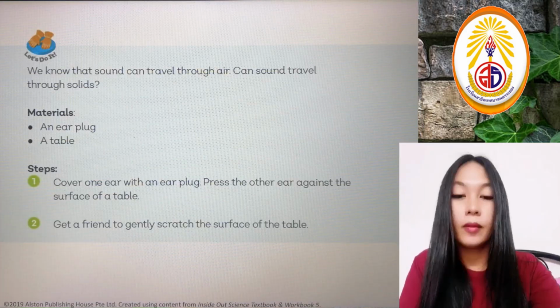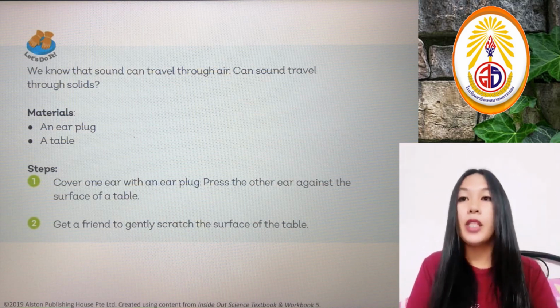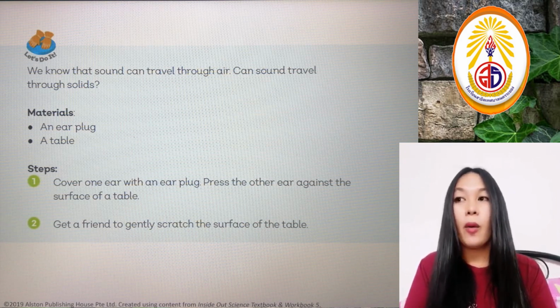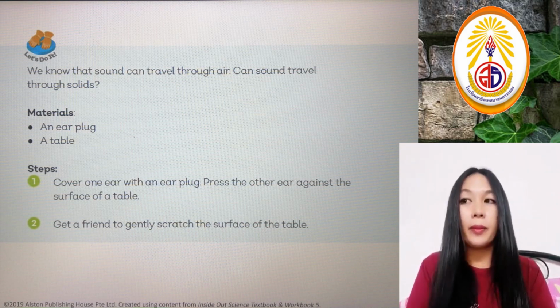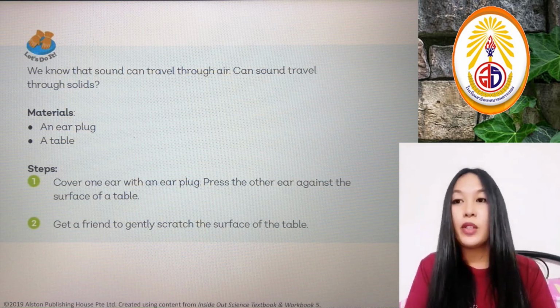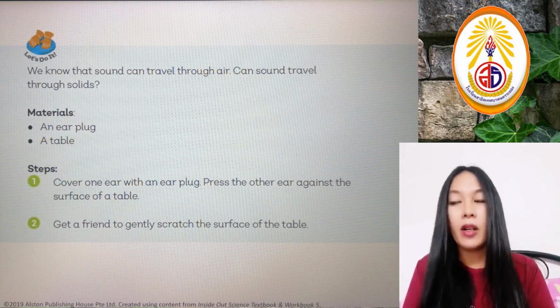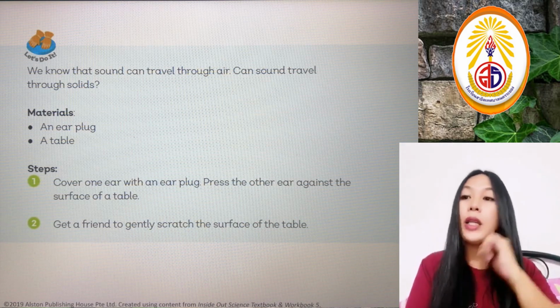Now we have a very simple experiment for us to understand if sound can travel through a solid. You only need an earplug, a table, and basically a friend for you to be able to perform this activity. So the steps are, the first one, cover one ear with an earplug.